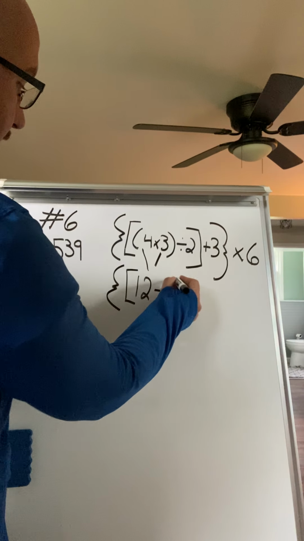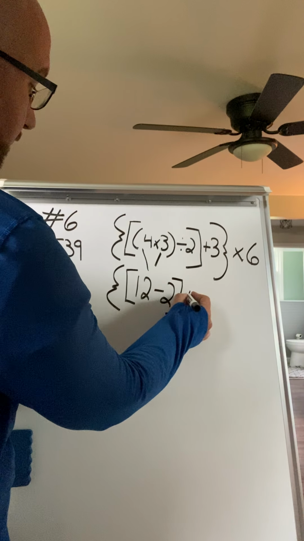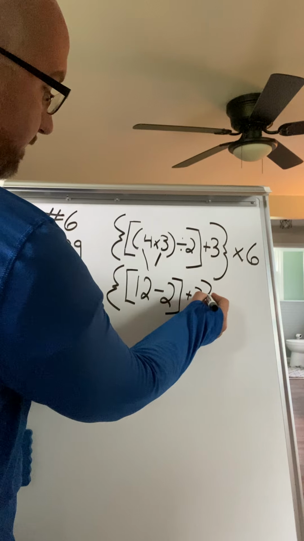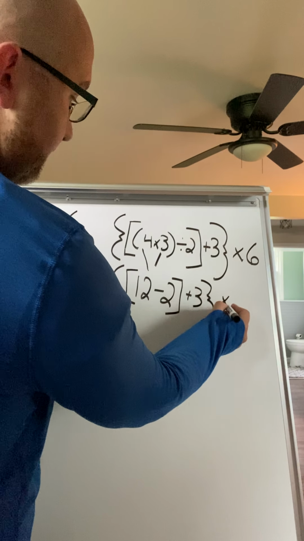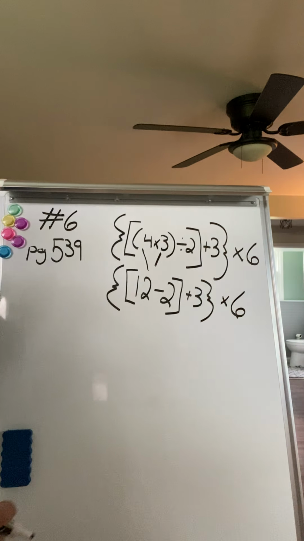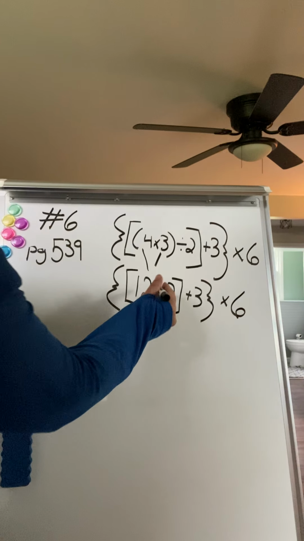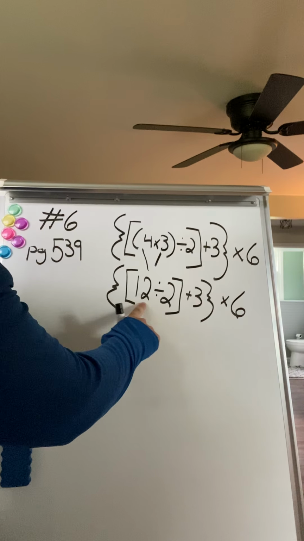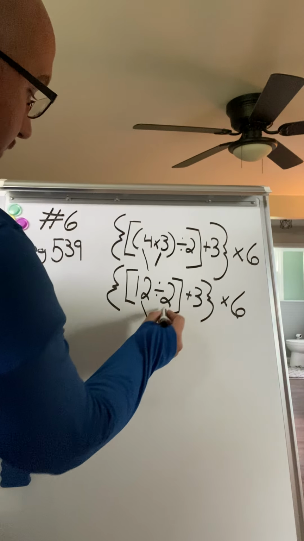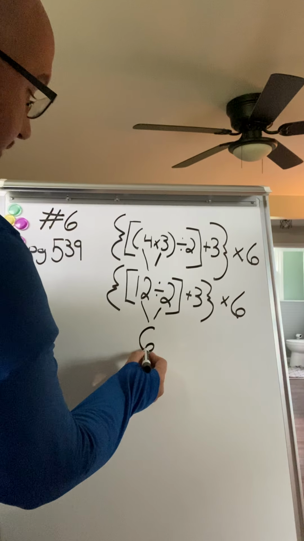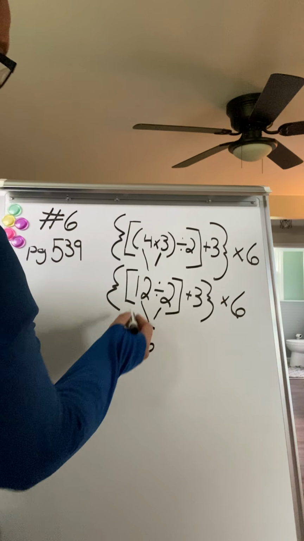I like to bring everything else down. Divided by 2 in our brackets, plus 3 in our braces, times 6. So my next step, 12 divided by 2, this equals 6. So now I'm done with my brackets.